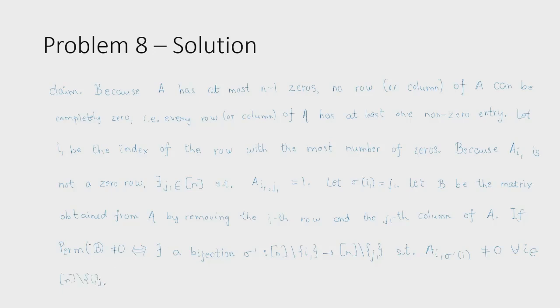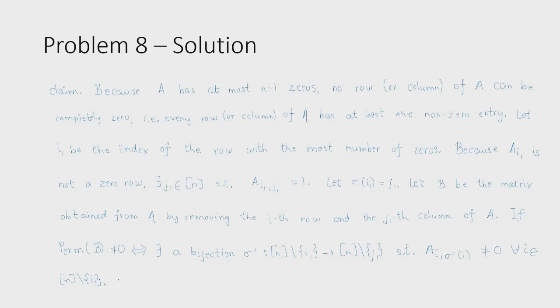Why? Because as we saw before, since B is a 0, 1 matrix, its permanent is non-zero if and only if such a permutation exists. In this case, it's a bijection because we are obtaining it by removing some rows and columns. Okay, so this is true.